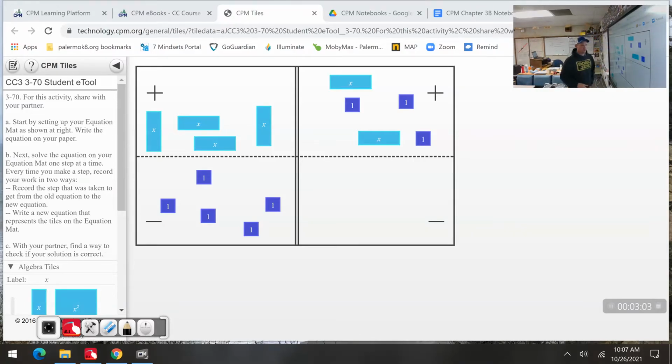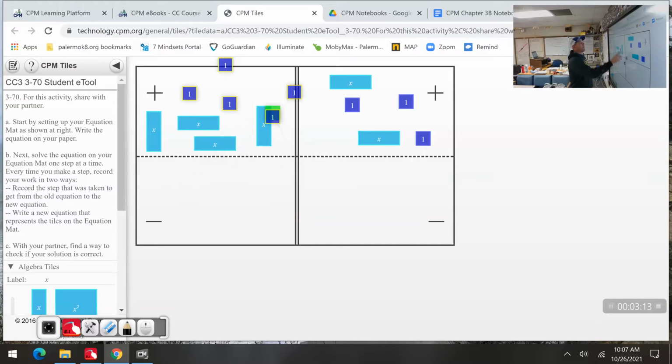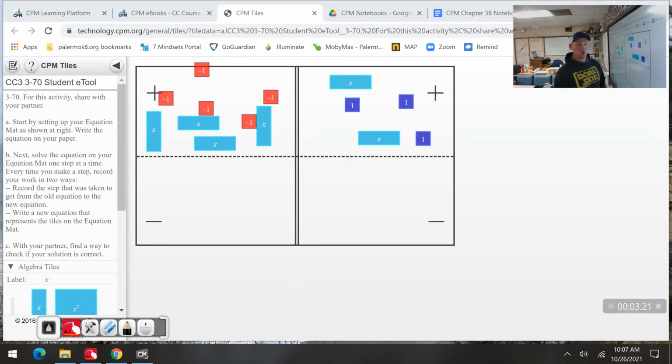Our next legal move, I always tell you, after a zero pair, you do a bottom to top flip. So I'm going to take these 5 tiles that are in the negative region and flip them up. When I flip them up, they all become negative. And I record 4x minus 5 equals 2x plus 3.